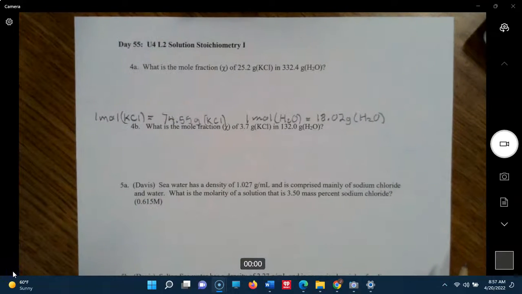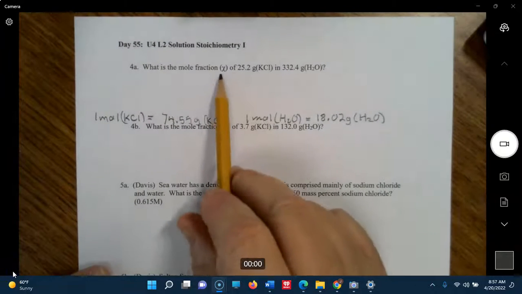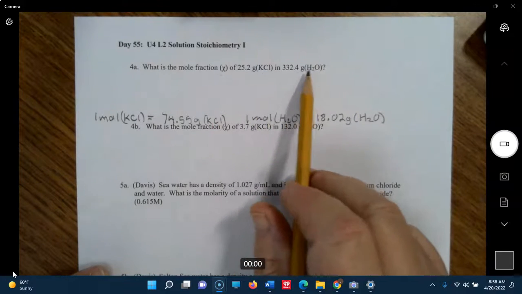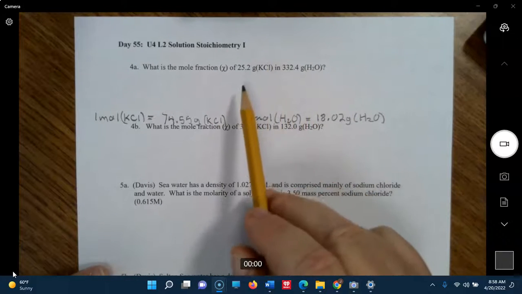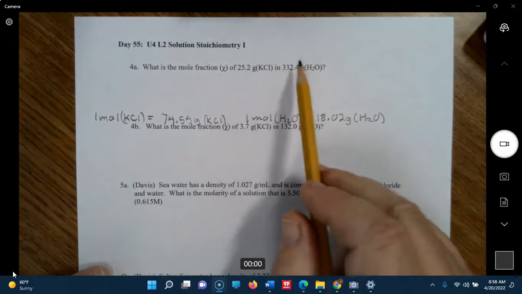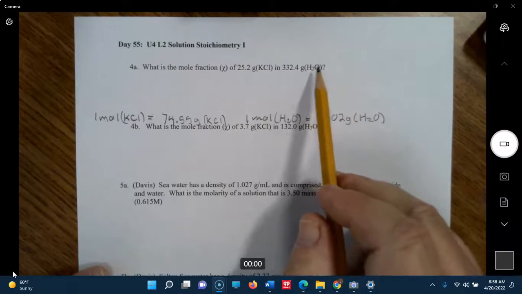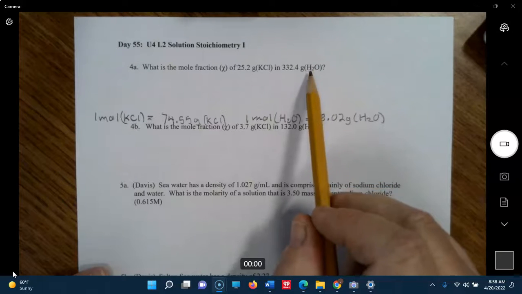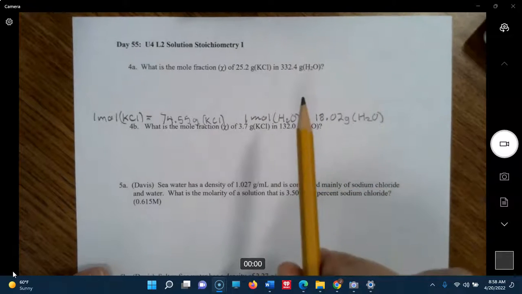Okay, 4a, what is the mole fraction, that's chi, mole fraction of 25 grams of KCl in 332.4 grams of H2O? So the solute is potassium chloride. You're dissolving that, you're stirring that into water, and that's your solvent. So the solution is those two together. But what we need to do is this.